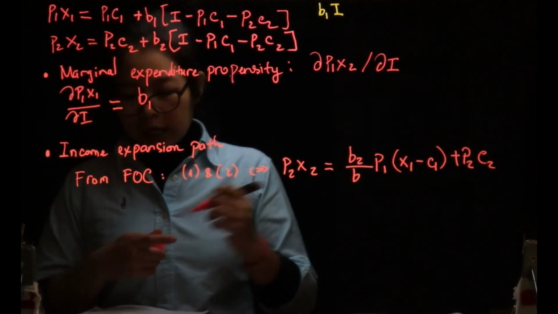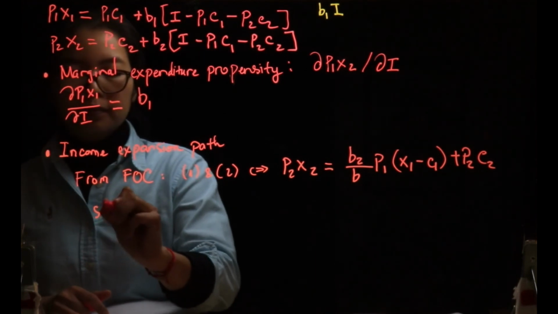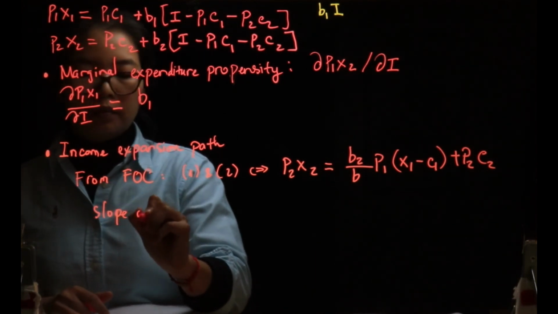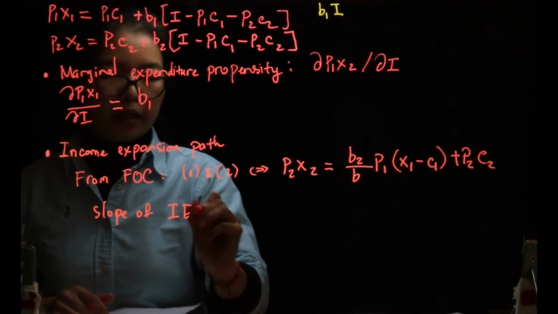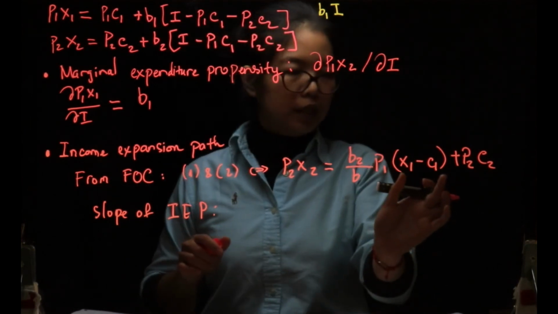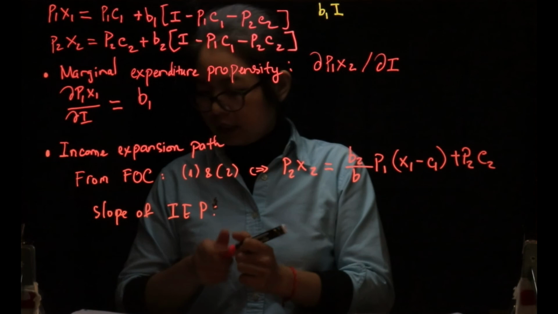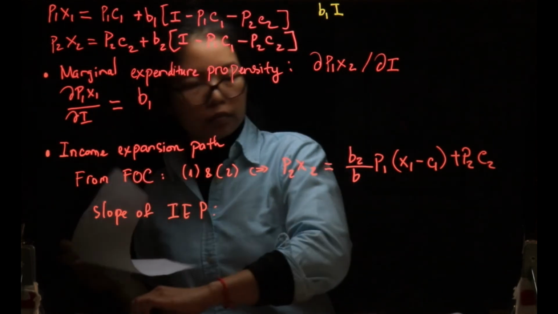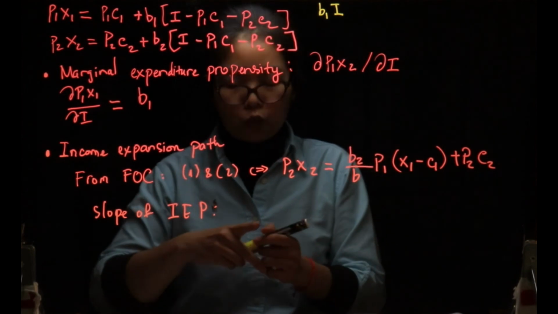We will take the slope of the income expansion path, which is, in this case, let's write it here. You have, where do you have X1?